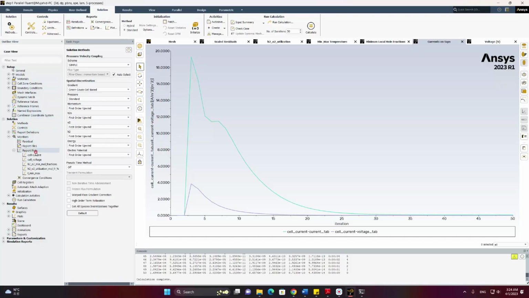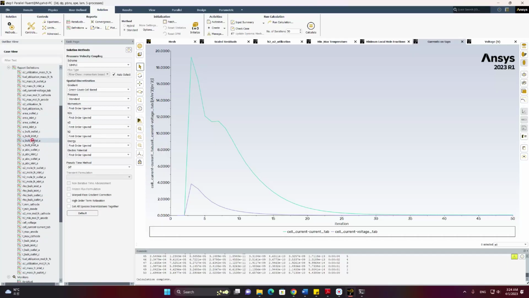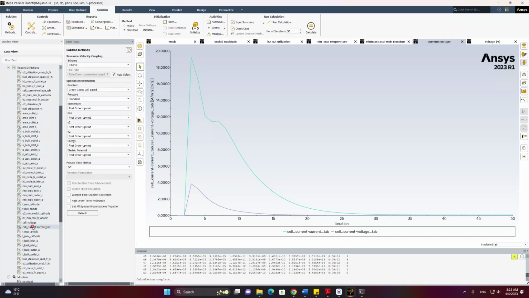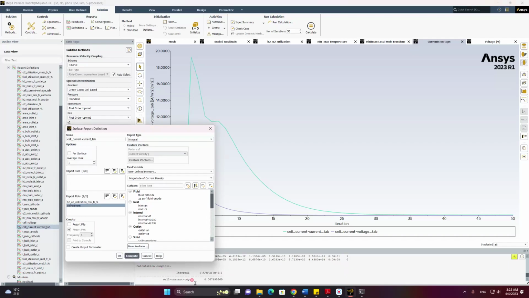And we can check the exact value of the currents if you go to the report definition and go to the cell current values. Cell current tab and compute it. So we get this total current that has been generated, although we gave it 0.01.